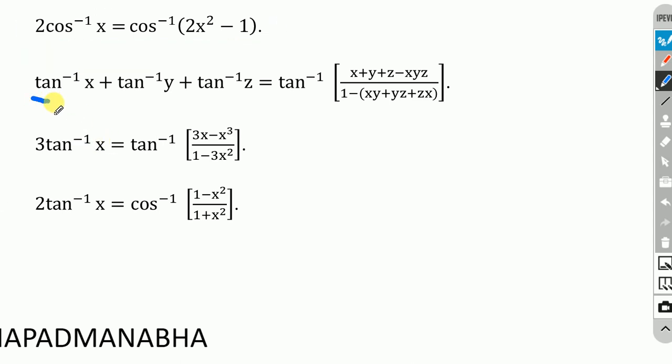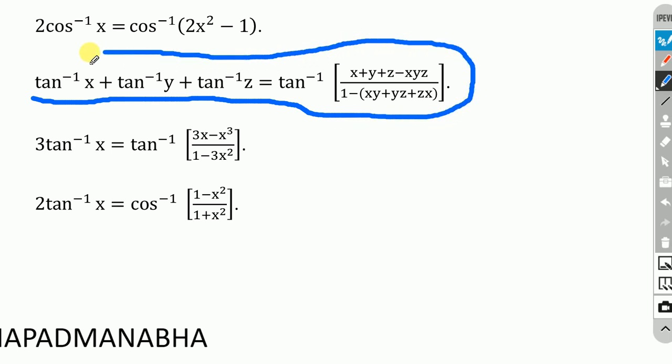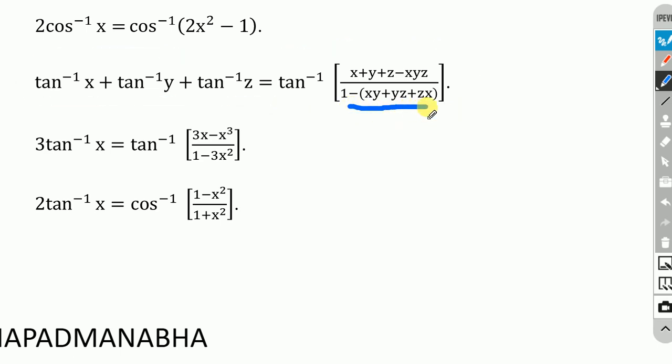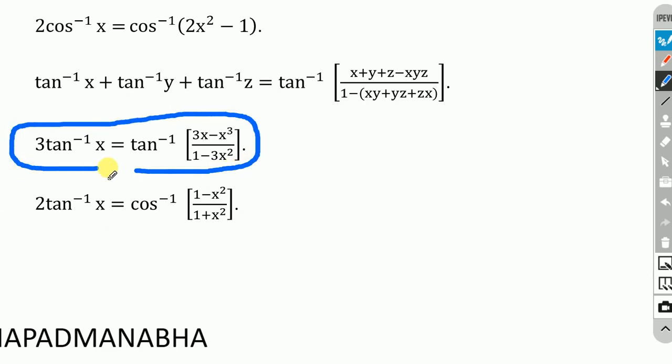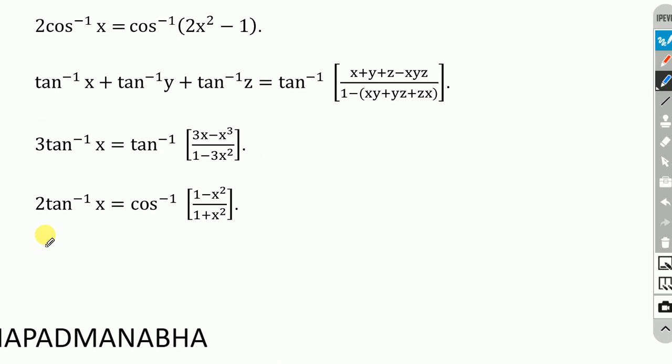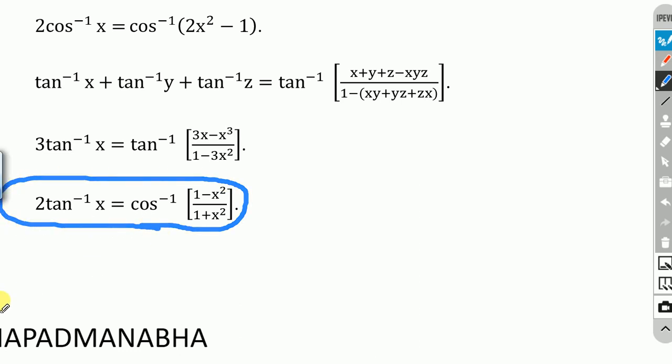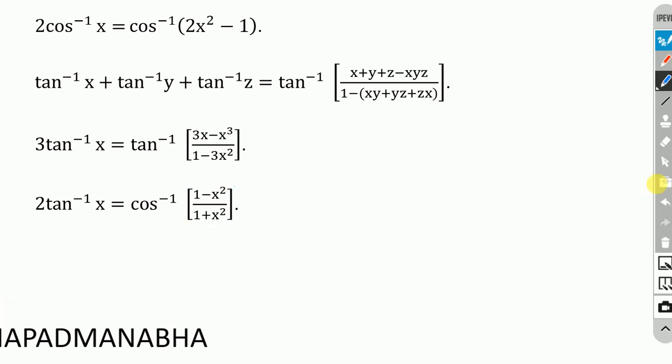And tan inverse x plus tan inverse y plus tan inverse z is tan inverse of x plus y plus z minus xyz by 1 minus xy plus yz plus zx. 3 tan inverse x is tan inverse of 3x minus x cube by 1 minus 3x square. 2 tan inverse x is equal to cos inverse of 1 minus x square by 1 plus x square.